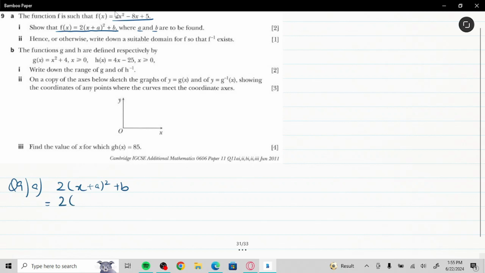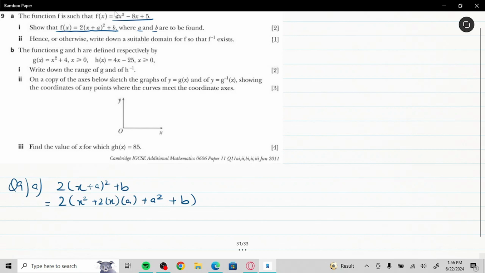So 2x plus a, plus b whole squared, that's the expression. I think you should know that a plus b whole squared is equal to a squared plus 2ab. So 2a, instead of a we are writing x, b is a itself, plus a squared plus b.